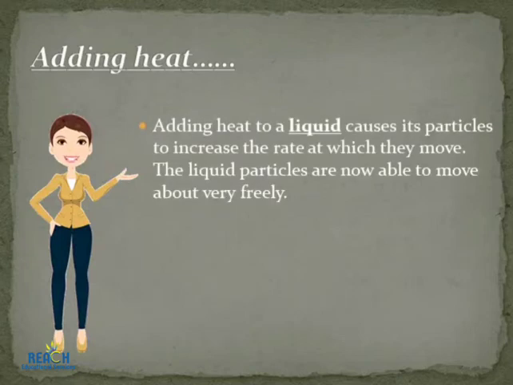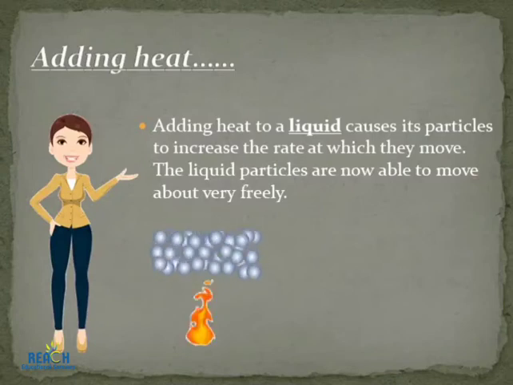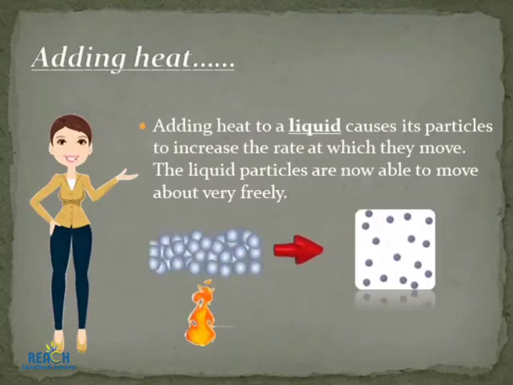Adding heat to a liquid will cause its particles to also gain kinetic energy. Therefore, if heat is applied to a liquid, then its particles are going to move even faster than they were moving before.